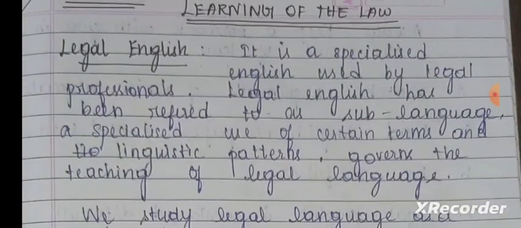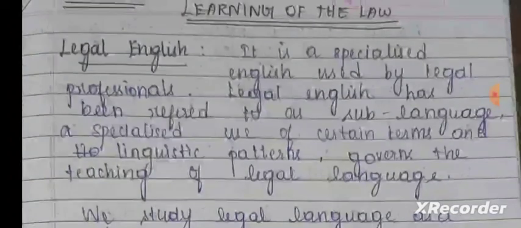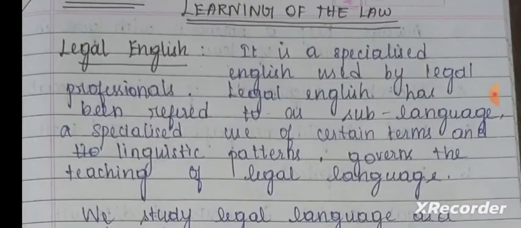There are different languages used by different professionals, like doctors and nurses use scientific, biological English, whereas legal professionals use legal English, and electricians and engineers use a different kind of English which is easier for them to use. Lawyers and law students use legal English.